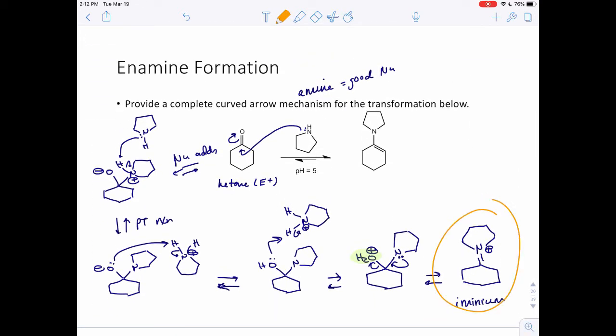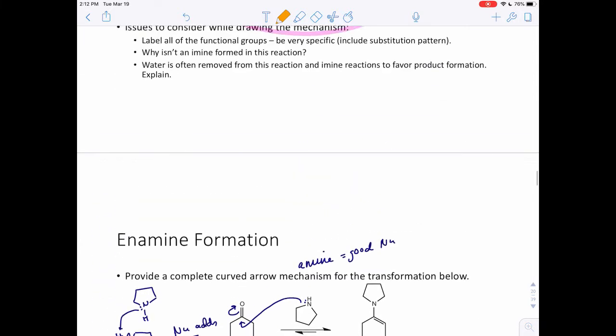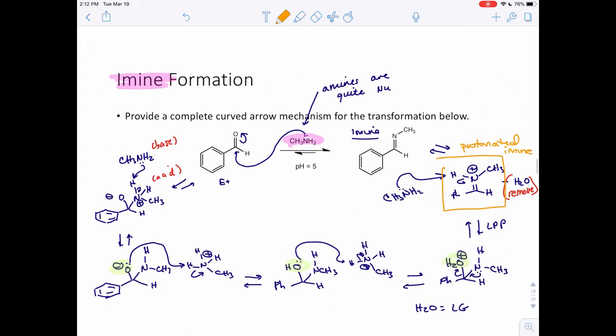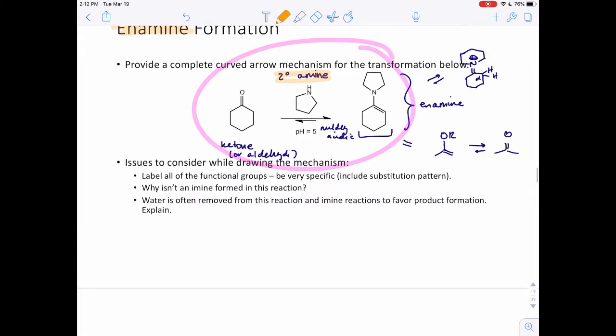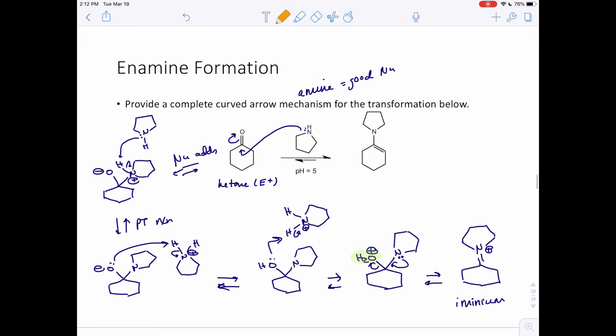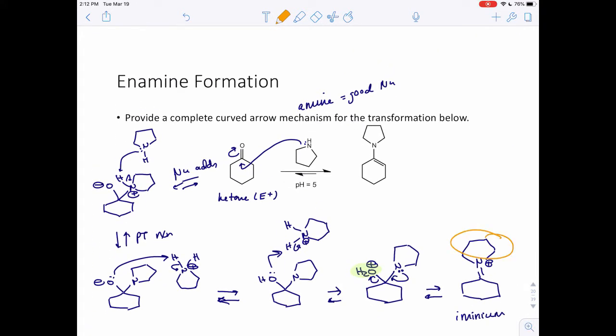Now, for imine formation, sorry, I'm going to switch back up to this slide. We could just deprotonate and that relieved the positive charge on nitrogen and we were all good. And that's because we started with a primary amine. But this time, we started with the secondary amine. And there are no protons here, at least not directly on nitrogen.